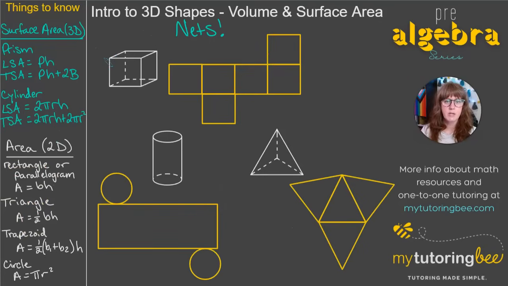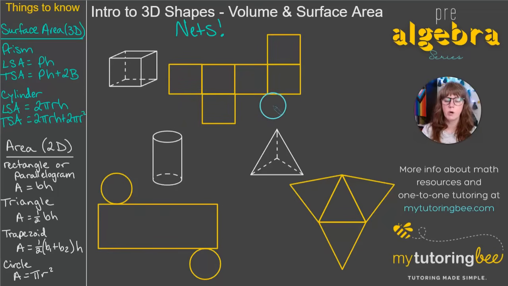Another thing that we're going to be talking about in this series of videos is nets. And this is specifically helpful when we're talking about surface area. So if we have this box right here, and we imagine it's a cardboard box and we want to flatten it out, we're going to cut apart this box at some of the edges and flatten it out into this shape.